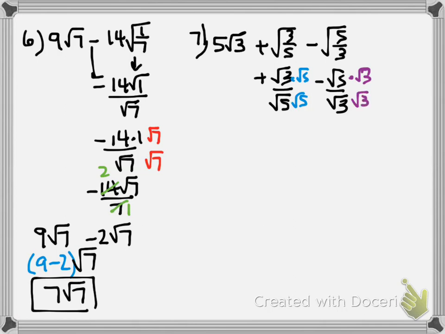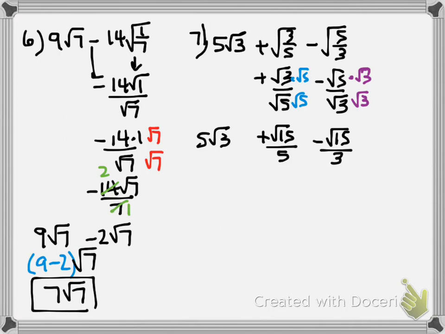Okay, so let's see where we're at. This one, radical 3 times radical 5 is positive radical 15 over 5. This one is minus radical 5 times radical 3, radical 15 over 3. Now I can bring in this guy.